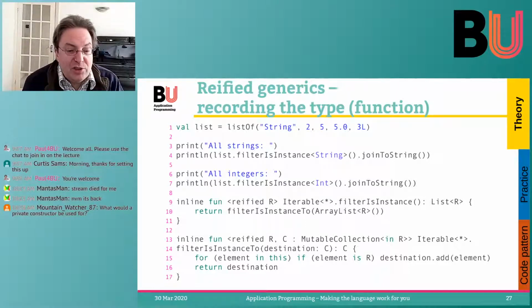And filterIsInstanceTo basically checks for every element in the receiver, that's a collection, that is the iterable that it takes. It checks if it is an instance of R, and in that case adds it to the resulting list, and then returns the destination. So that's a type-safe way of getting all the elements in that list that have that particular type.